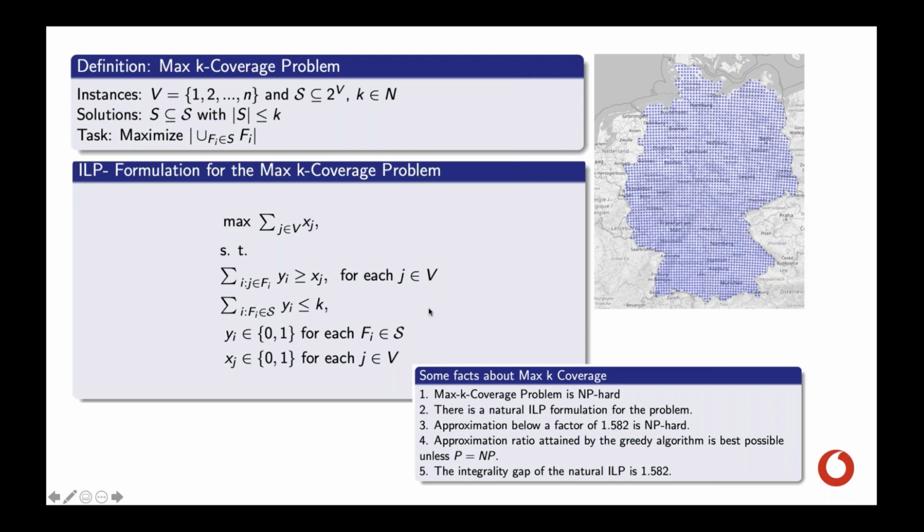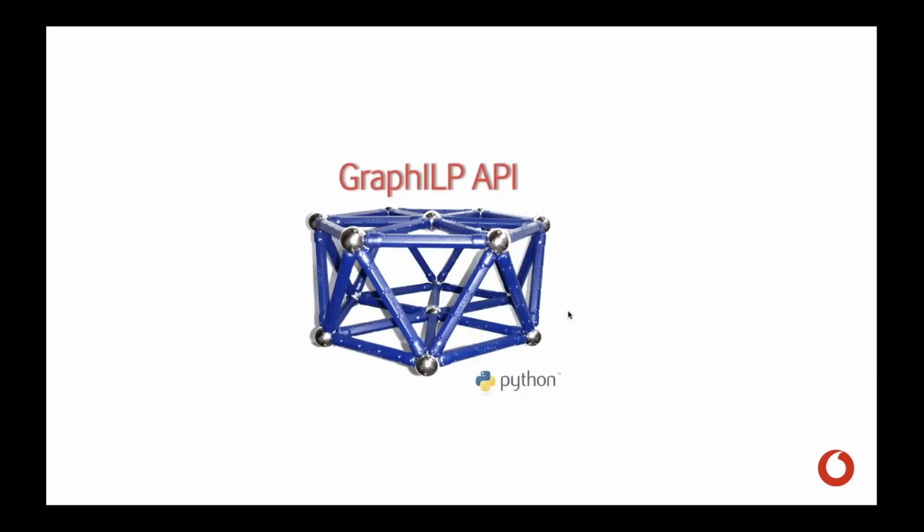And the nice thing is that there is also a natural relationship between the approximability of this problem and the natural ILP, so that there's a relationship between the best approximation factor that you can get and the integrality gap of the ILP.